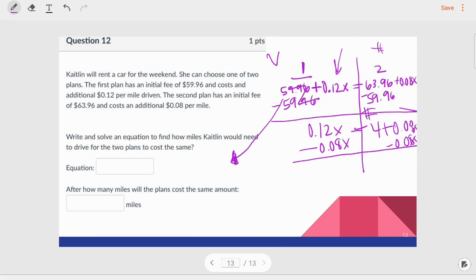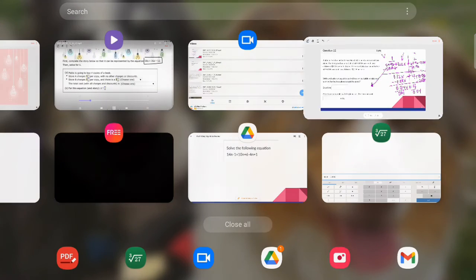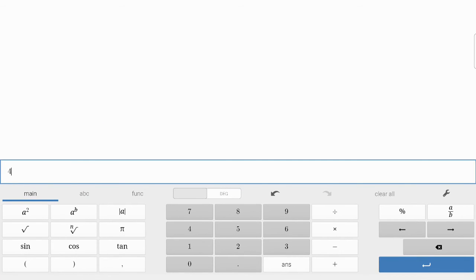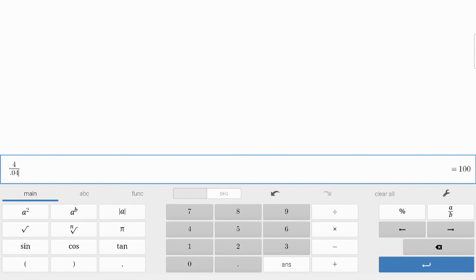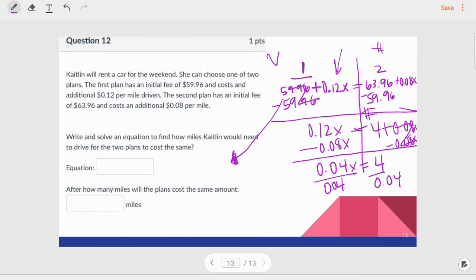On the left side, 12 cents minus 8 cents is 4 cents. And the x's zero out. Last but not least, I'm going to divide by the number that's next to my decimal. 4 divided by 0.04 is 100. Write this over here. X equals 100. After 100 miles, the cost will be the same.